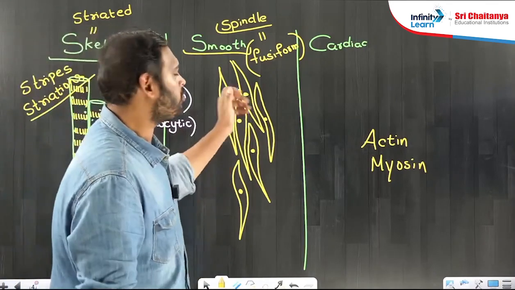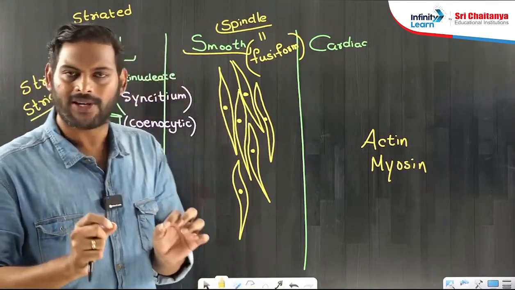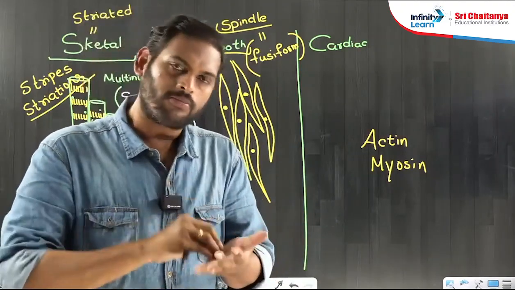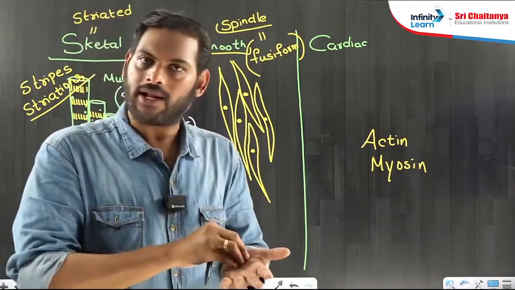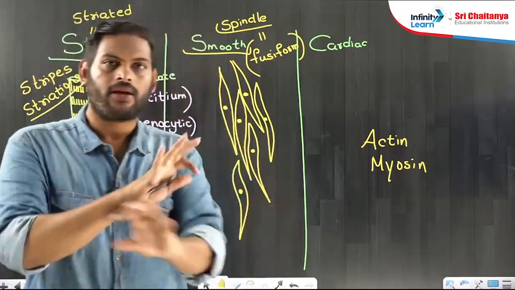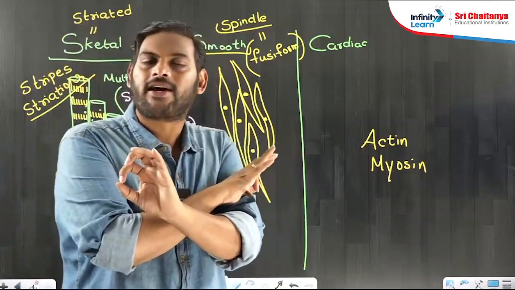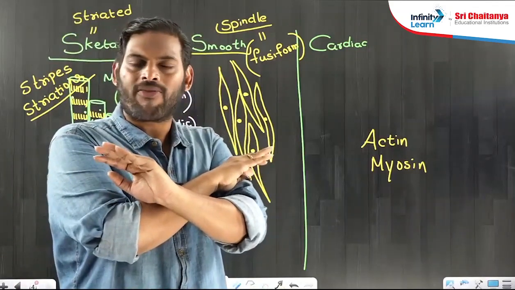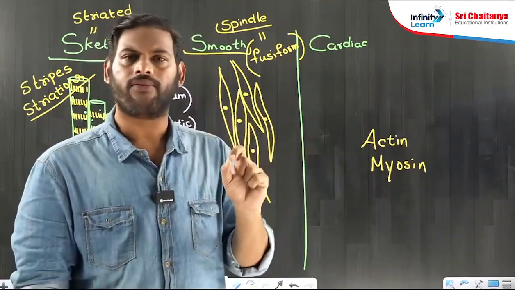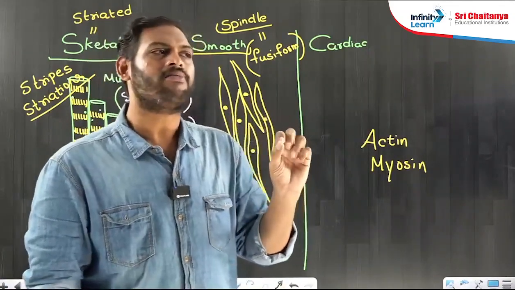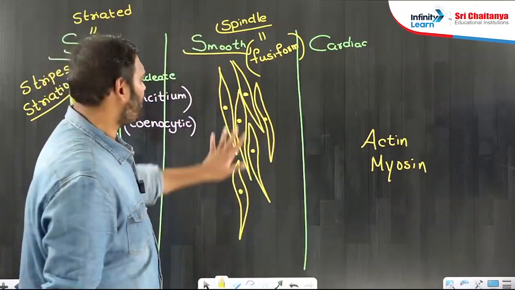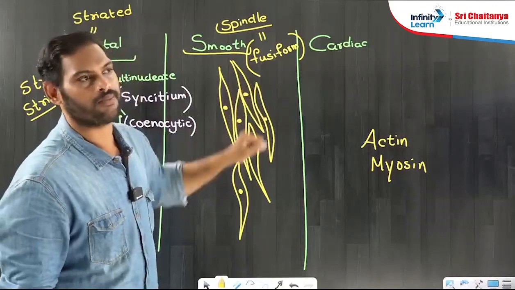In case of smooth muscles, yes, smooth muscle also has actin and myosin. Smooth muscles also exhibit contraction and relaxation, but inside smooth muscles there is no regular pattern-wise arrangement of actin and myosin. Actin and myosin are very randomly arranged. Therefore, you do not get to see any striations in them.